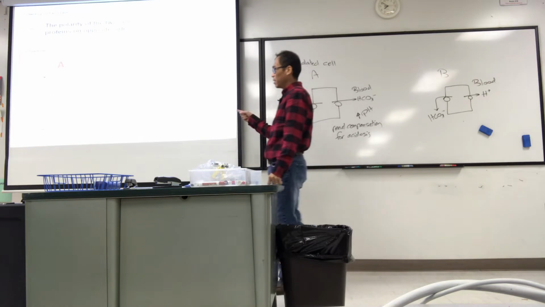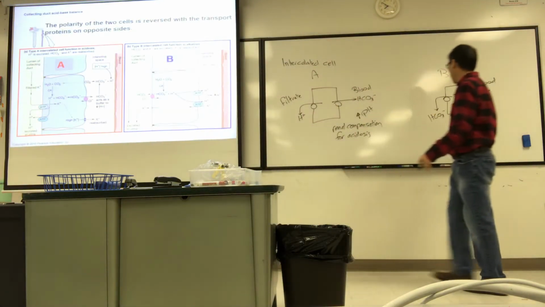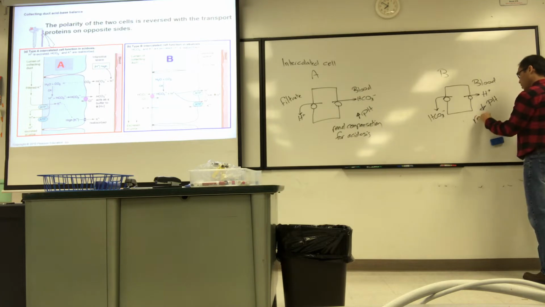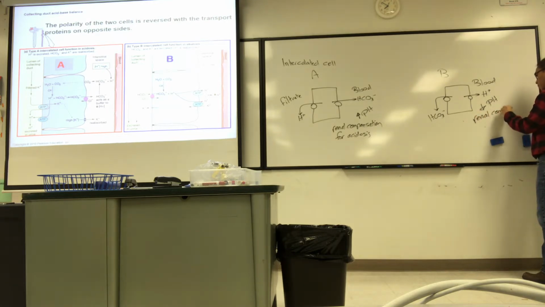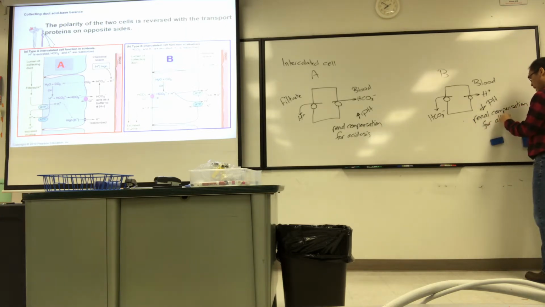That's the type B. And so, the effect on pH in the blood would be to drop it, and that would be a compensation for if the pH is getting too high. It's called alkalosis. So this will be a renal compensation for alkalosis.